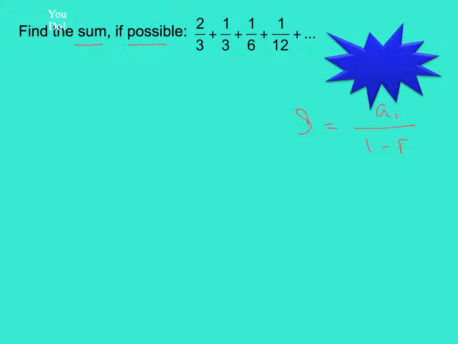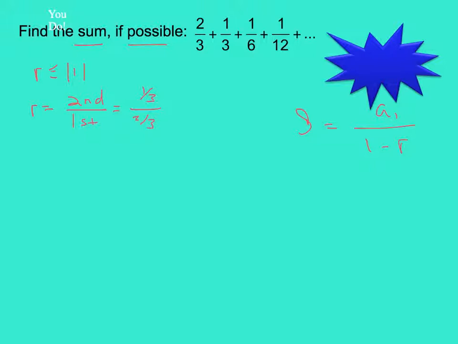Okay, now I need to know, is it possible? So I need to find out, is r less than or equal to the absolute value of 1? So let's calculate that. Our common ratio, remember, ratio means I need to make a fraction. That's my second term divided by my first, so I've got 1/3 divided by 2/3.